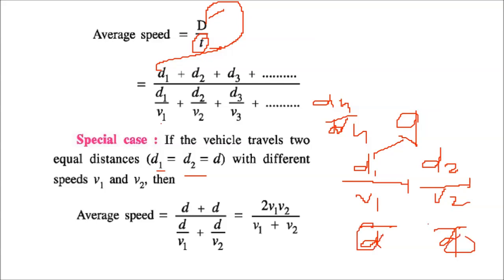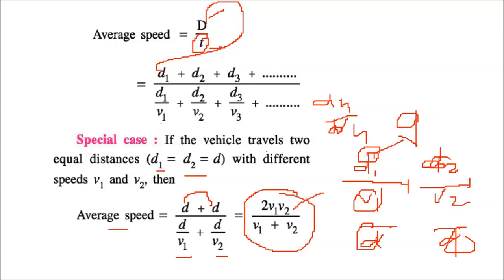Total distance is d plus d, that is 2d. And the average speed has t1 plus t2 in the denominator, and t can be easily obtained by d by v1 and d by v2. So we add them, d will cancel out. It will be 2v1v2 by v1 plus v2. So average speed is totally dependent on the velocities.